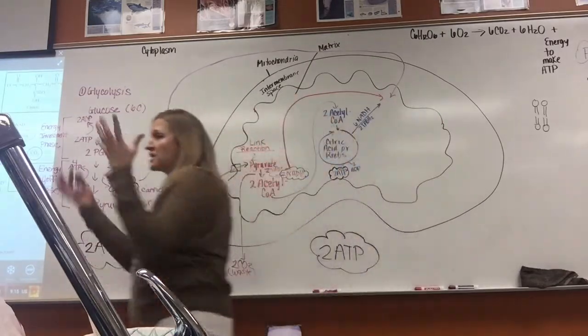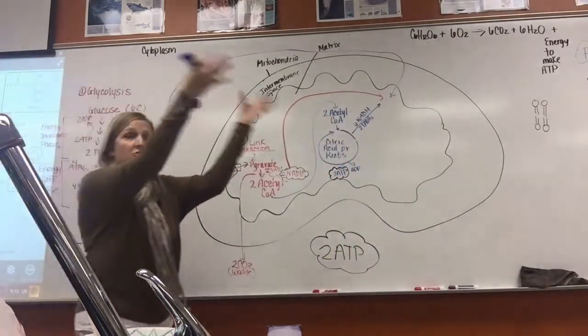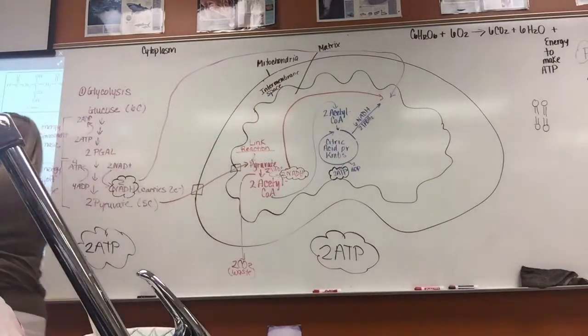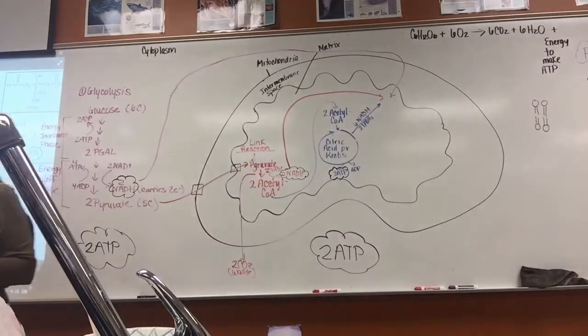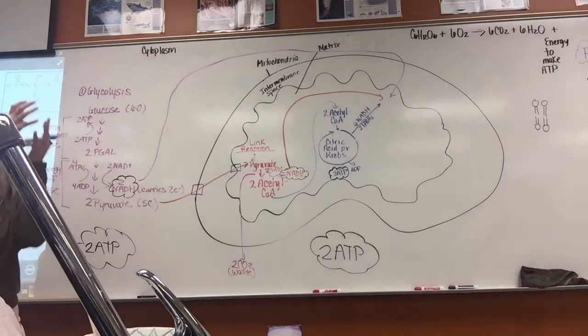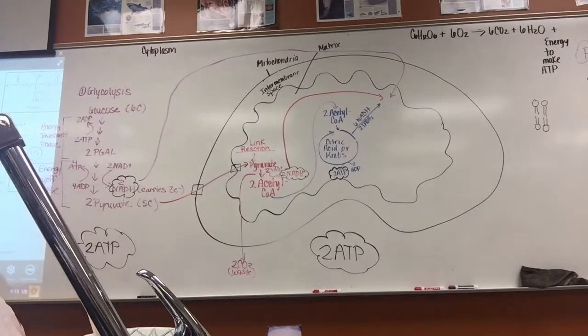So they're literally just like a little shuttle, carrying the electrons, dropping them off, going to get more, dropping them off, and so on and so forth. So they're used over and over again. Kind of like ADP and phosphates to make ATP. You make ATP, put the phosphate on the ADP, you break it down, you put it back on, you know what I mean? All right, so that's where it comes from.